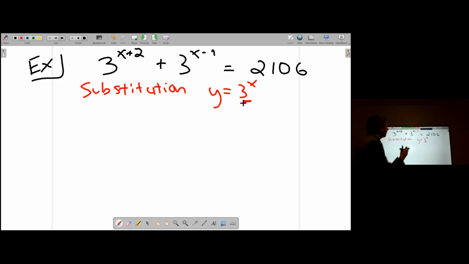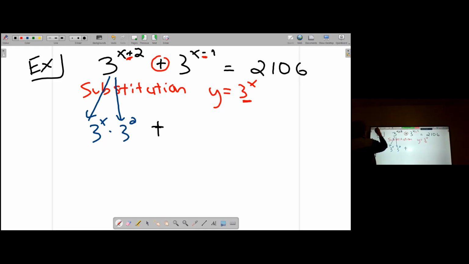Well, we couldn't use exponential rules on this plus. Well, we do have exponential rules for this plus, this minus. What are those? Let me use some exponential rules here. So this becomes 3 to the x times 3 squared, so the plus becomes a times. Okay, still have this plus right here.